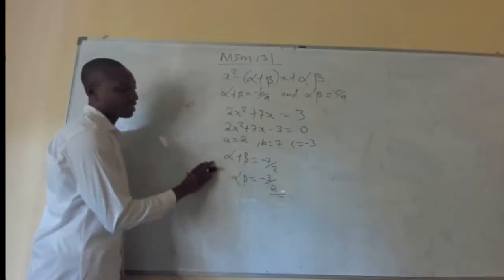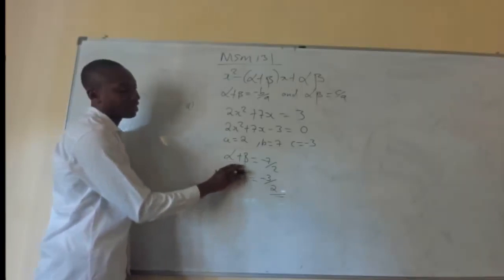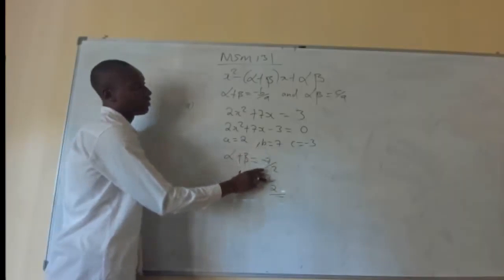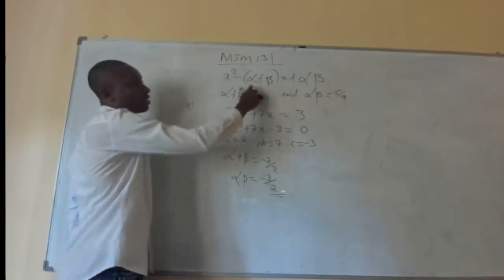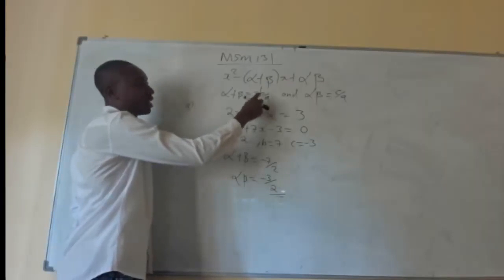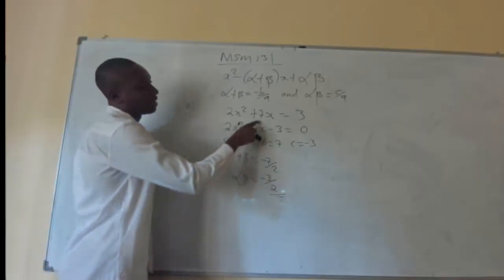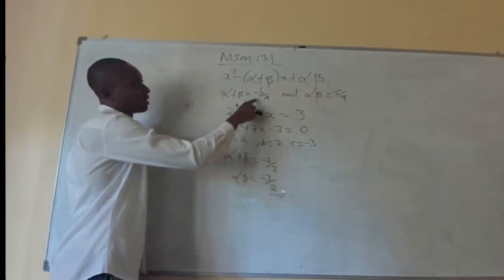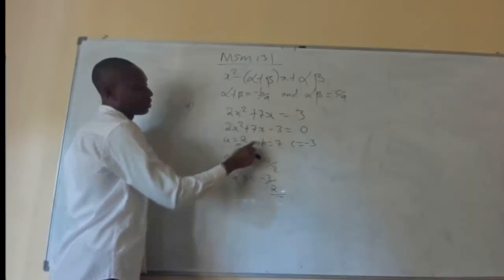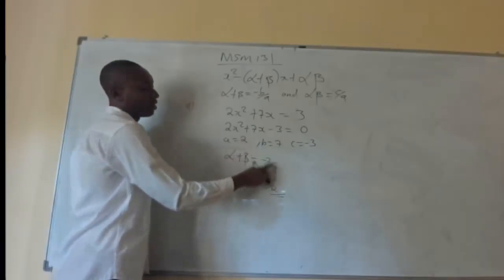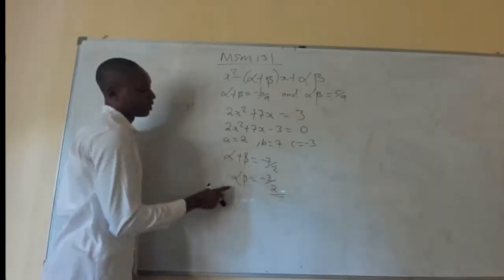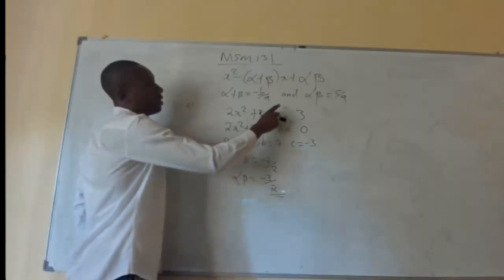Then now we need the sum of the roots. Alpha plus beta is equal to negative 7 over 2 from the formula here. So the formula is saying negative b over a. So what is b? b is actually 7. And what is a? a is 2. Okay, then negative 7 over 2 is the sum. The product will now be c over a.